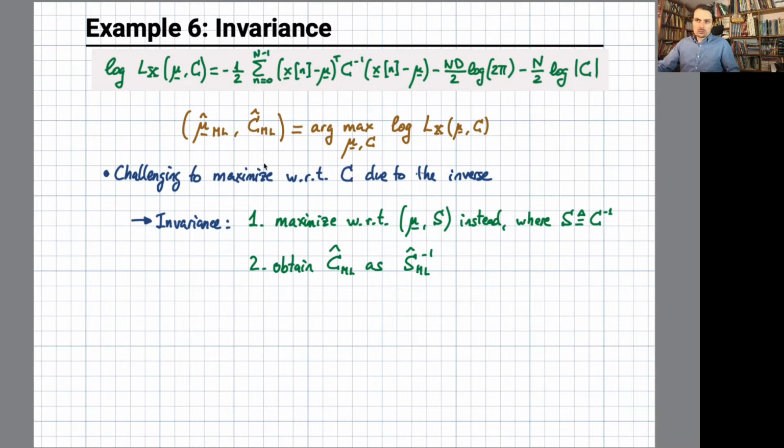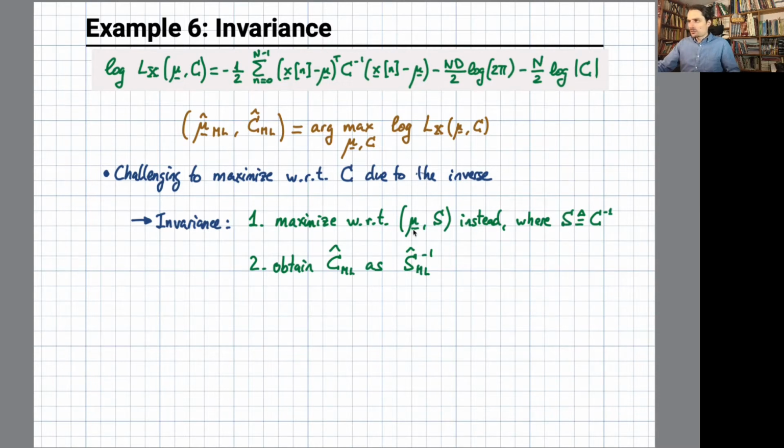This is what we will do to turn this problem into an easier one. Instead of estimating mu and C, we will start by estimating mu and C inverse. Okay? So C inverse will be denoted by capital S.